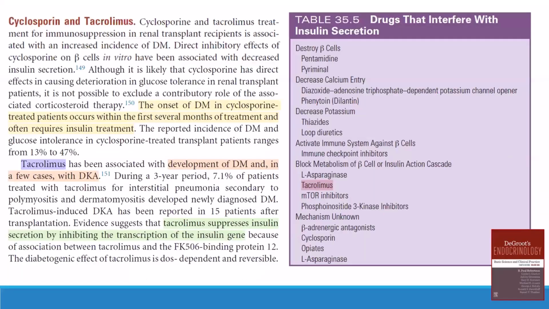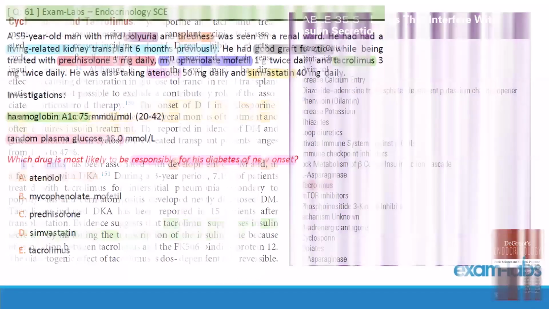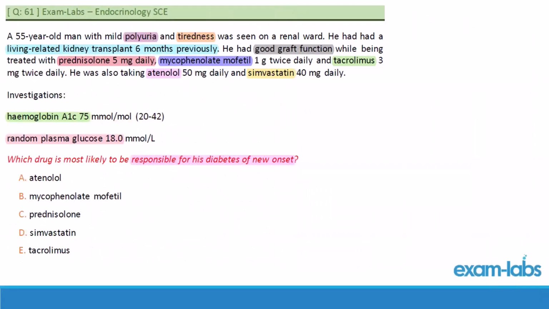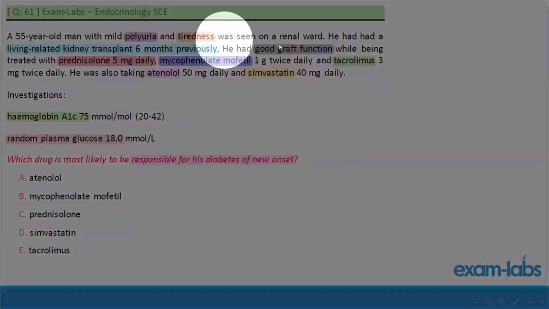Don't forget this. In the final exam, this is a very, very repeated question in all previous exams. If we have a patient with polyuria and tiredness, with a living related kidney transplant with good graft function, and the patient is on steroid 5 mg, mycophenolate mofetil, tacrolimus, beta blocker, and simvastatin.